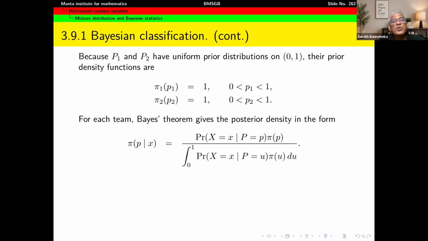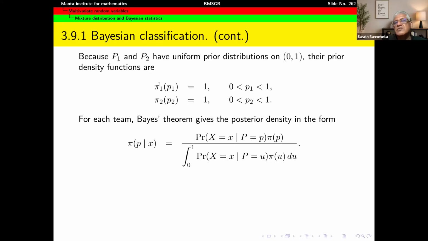Because P1 and P2 have uniform prior distributions on 0, 1, the prior density functions will be just 1 here. Not only because uniform, even if you consider them as beta, the density function will be given by this one. So here the prior density is denoted by pi.